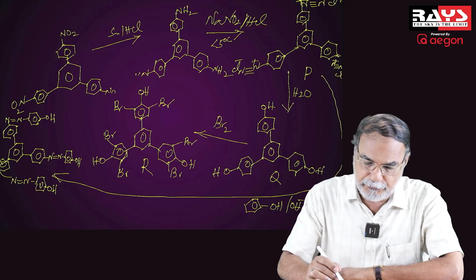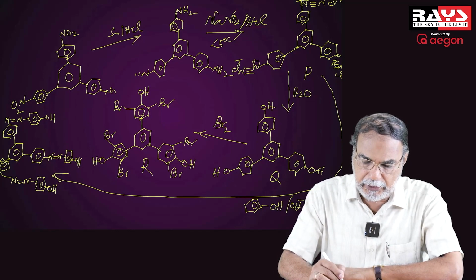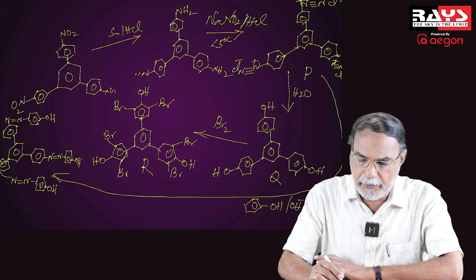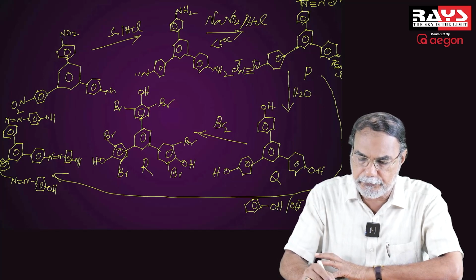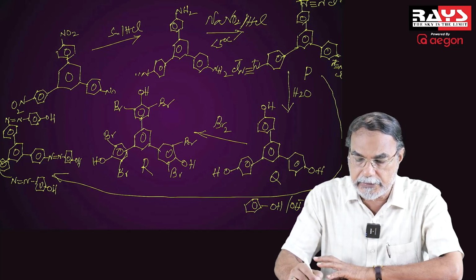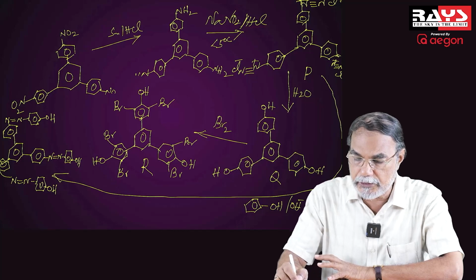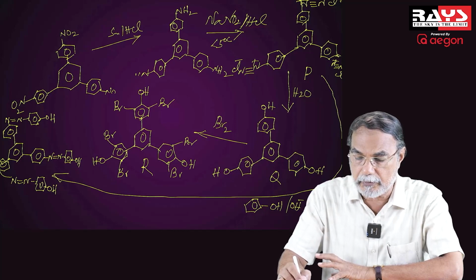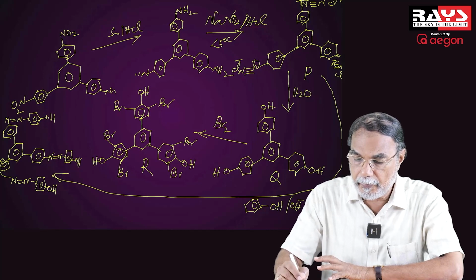So you have the nitrobenzene units at 1, 3, 5 in the starting compound. When it is reduced by tin and HCl, you have the aminobenzene units or aniline units at the 3 positions. Then diazotization gives the diazonium groups, benzene diazonium chloride groups at the same positions 1, 3, 5.